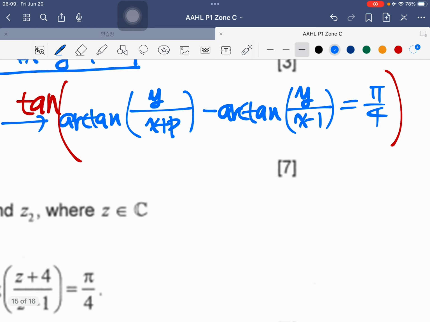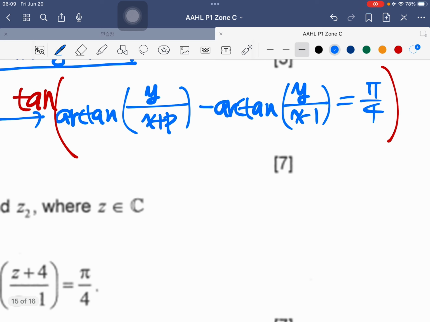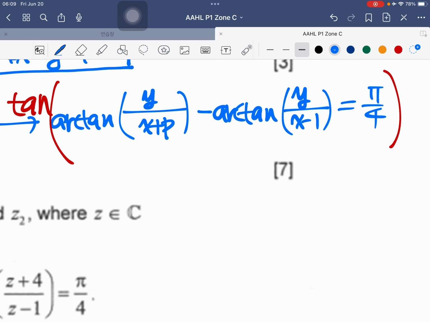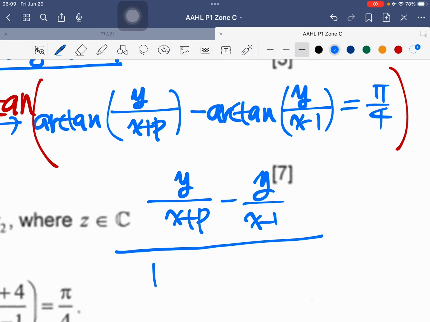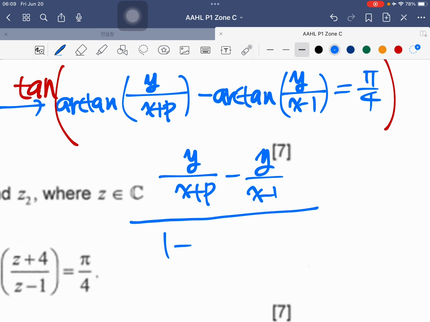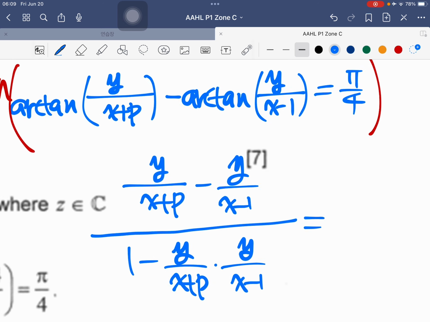When tangent and arctangent come together, they cancel each other out. So we can say y over x plus p minus y over x minus 1, all over 1 plus y over x plus p times y over x minus 1, equals tan of pi over 4, which is 1.